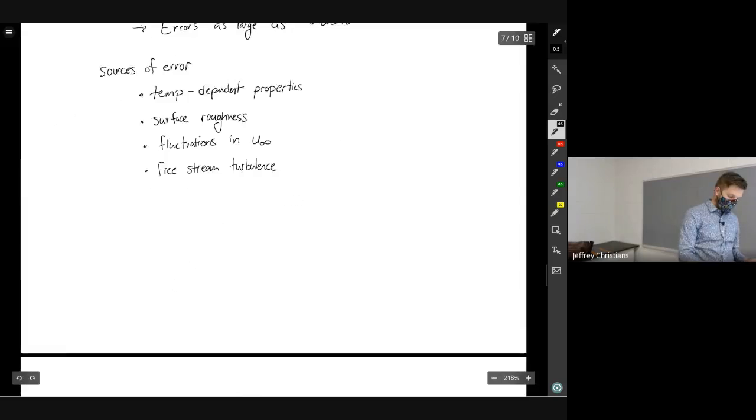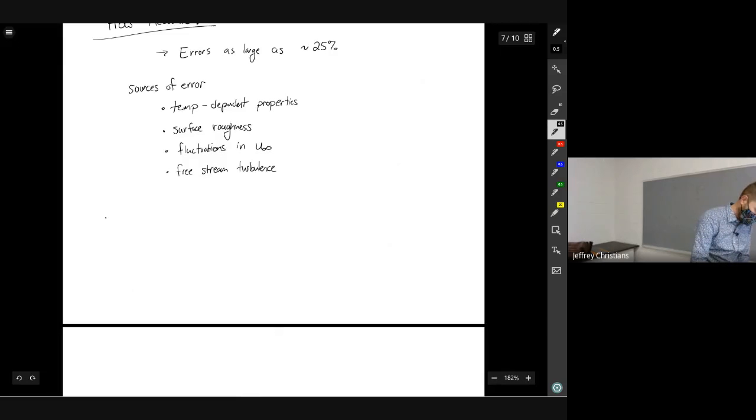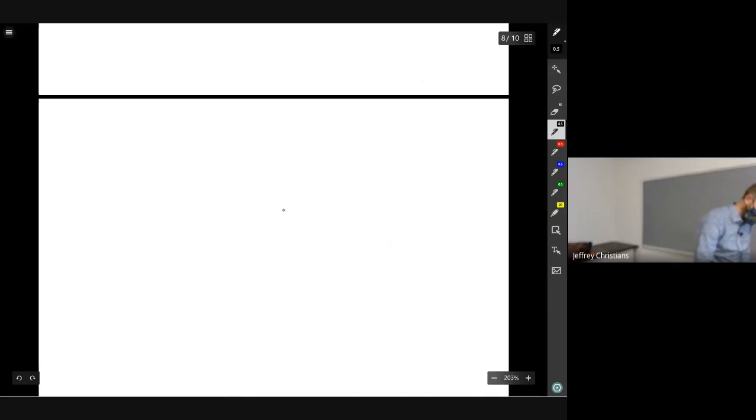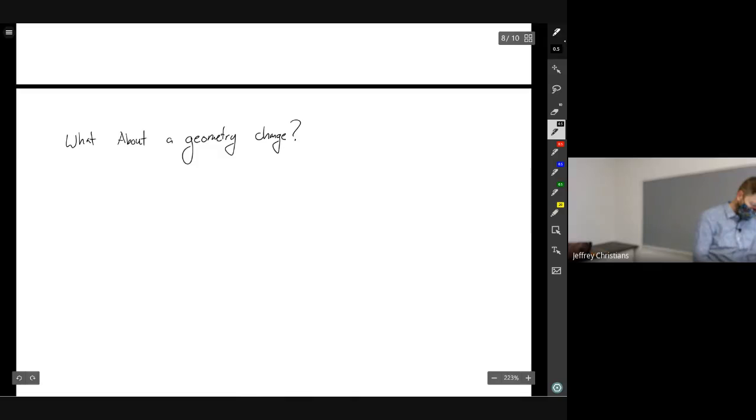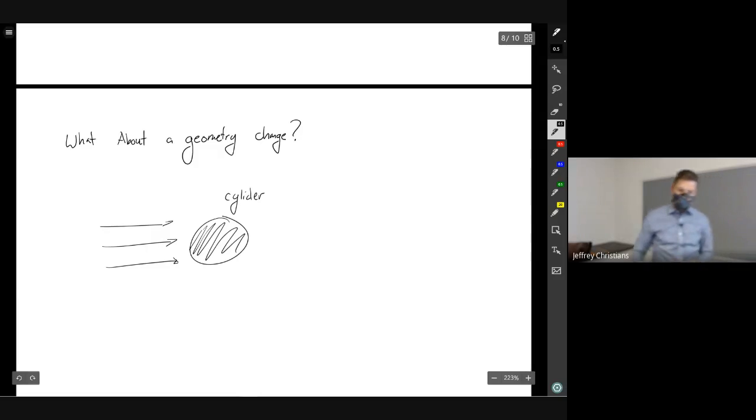Okay, so what if instead of flat plates, we change geometry? What if instead of a flat plate, we have a cylinder?